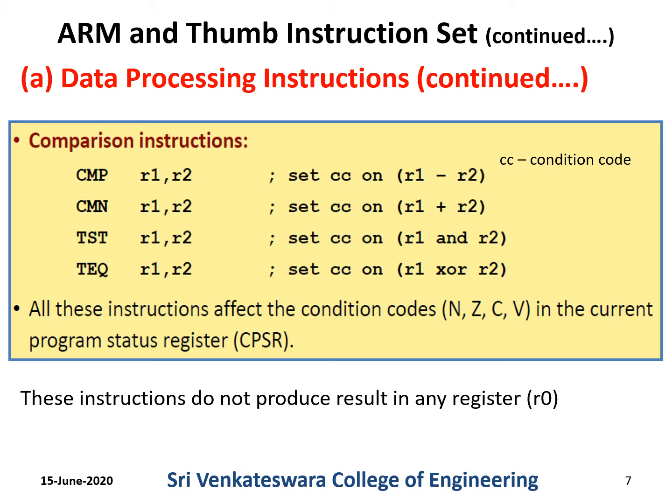If all the operands are equal, then all the bits in the result will be 0 and the zero flag will be set. If the zero flag is not set, it indicates that both the operands were different. So thus the CPSR register condition code flags are used to reflect the results of the comparison instruction.